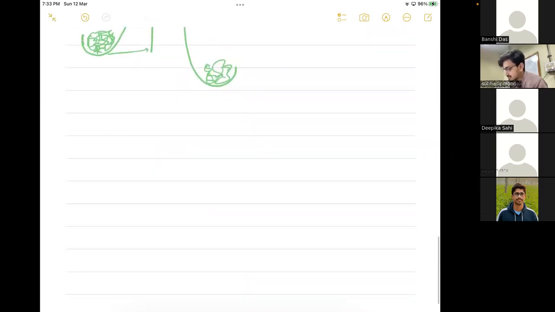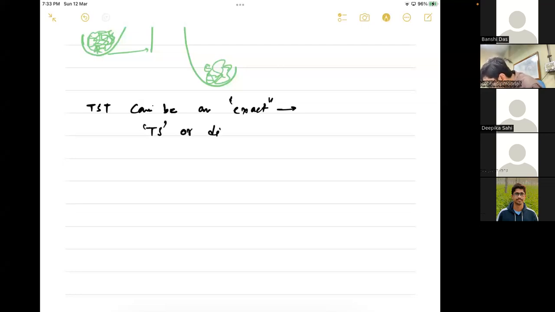Okay, so this was Eyring's derivation. But actually the transition state theory can be an exact theory, provided that we choose the transition state or the dividing surface accurately.